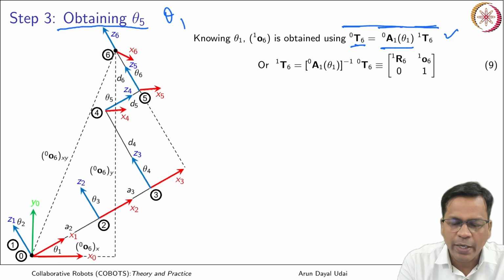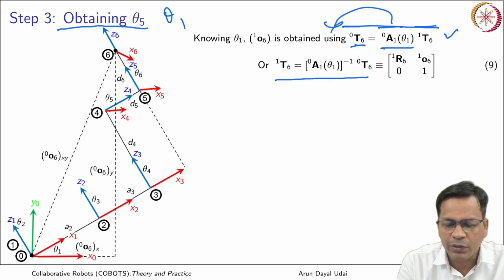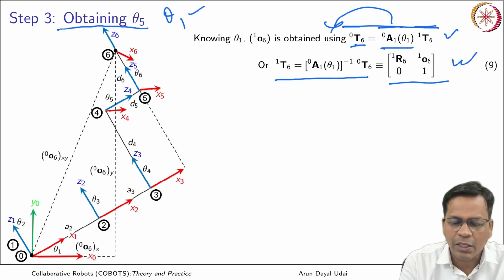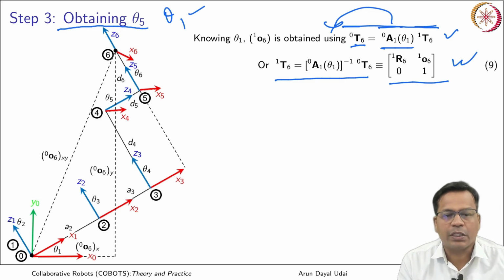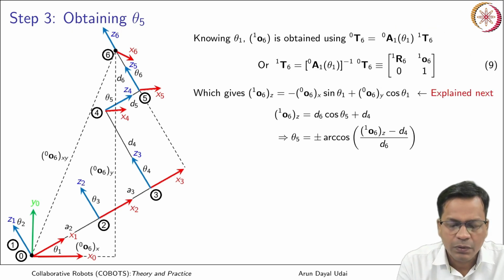If I take the inverse, you can write it like this, and finally you will get something like this. This is quickly obtained using theta 1. I can obtain transformation from 1 to 6. Now, when I know transformation 1 to 6, the component along Z is used here.